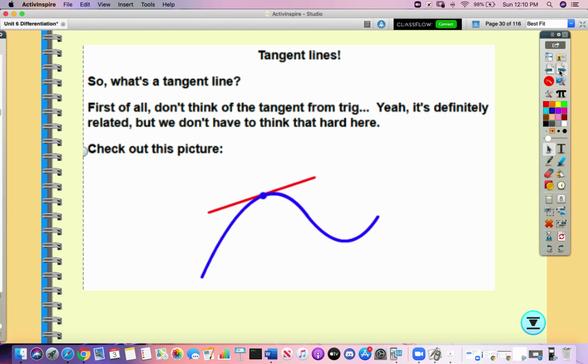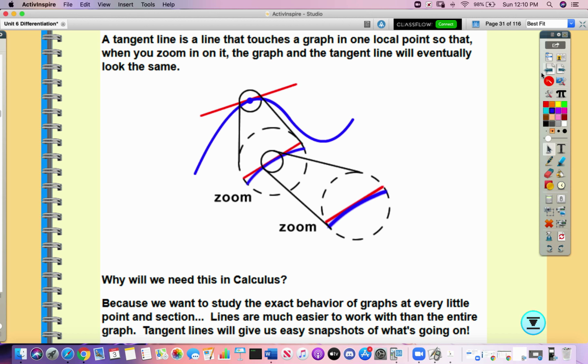But if we zoomed in closer and closer and closer, it will almost make that blue line, our original function line, start to look like it's getting straighter and straighter, so it's not as curvy, until they almost appear to be the same line. So this is a concept called local linearity. Okay, and as we zoom in closer and closer, they will look like they are the same line.